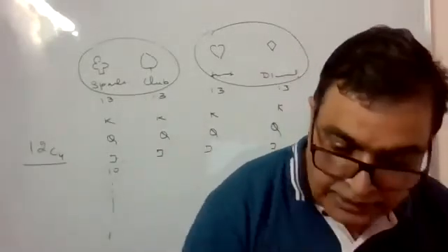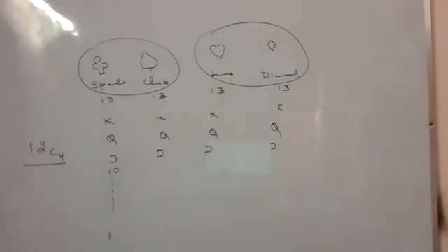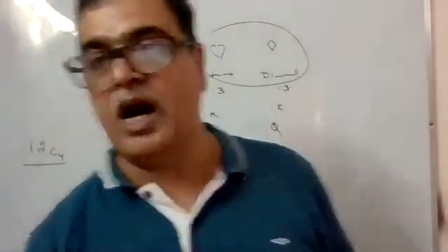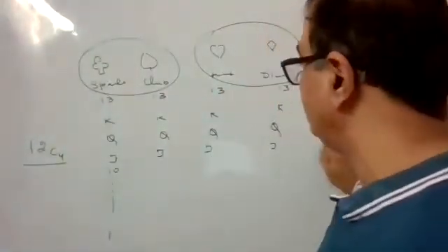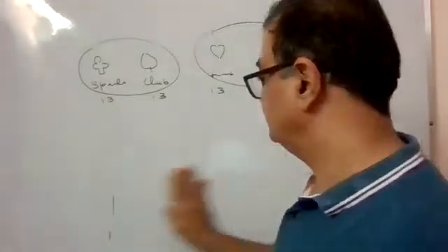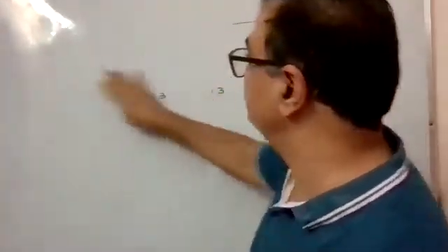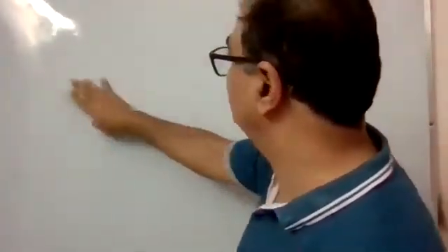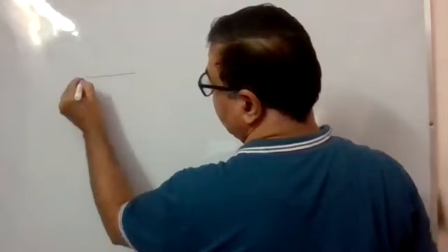How many triangles can be formed with the vertices of a hexagon? With the vertices of a hexagon.